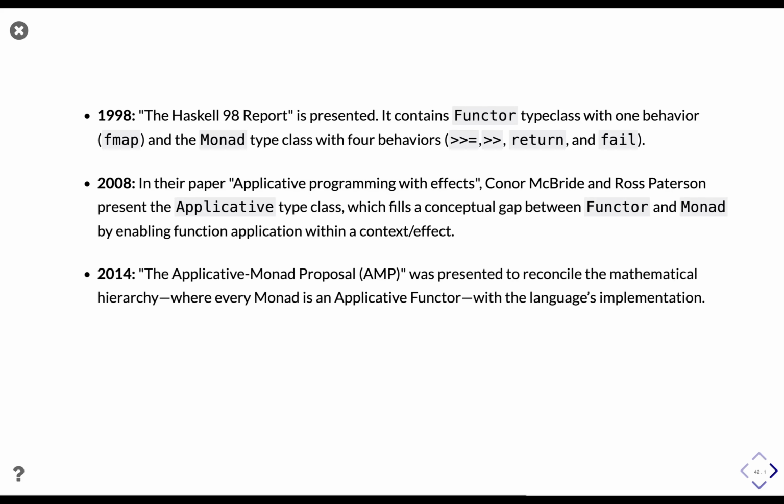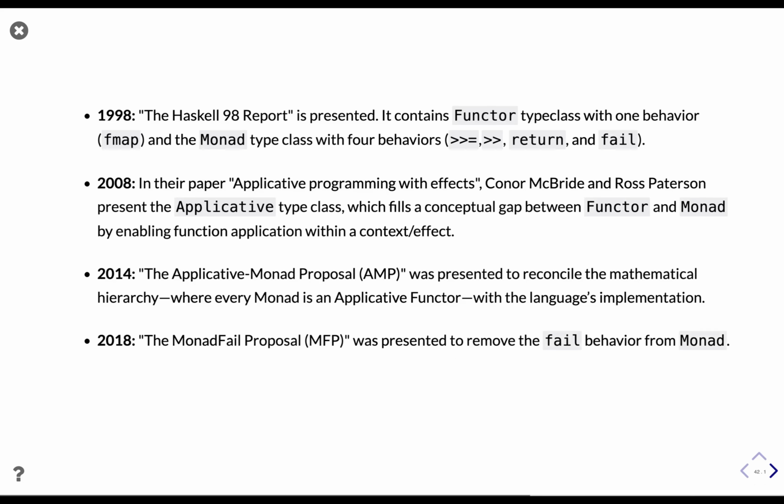In 2014, the applicative monad proposal was presented to reconcile the mathematical hierarchy, where every monad is an applicative functor, with the language implementation. The key motivation for this was to reduce code duplication, make Haskell more beginner-friendly, and achieve theoretical consistency. The applicative monad proposal added applicative to the prelude and made it a superclass of monad.